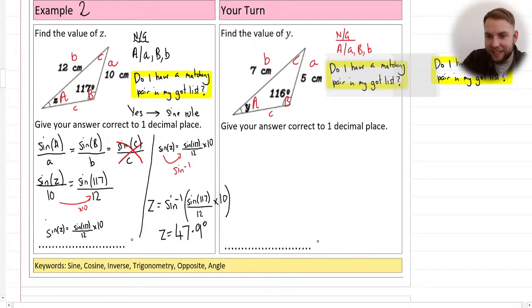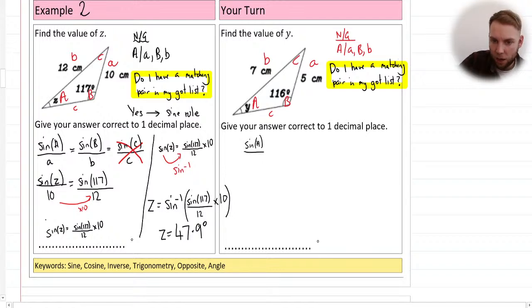If the answer to that is yes, then I use the sine rule. Now I know that I'm trying to find my angle, so in which case I'm going to do the angle on top. So it's sine of A over little a is equal to sine of B over little b is equal to sine of C over little c.